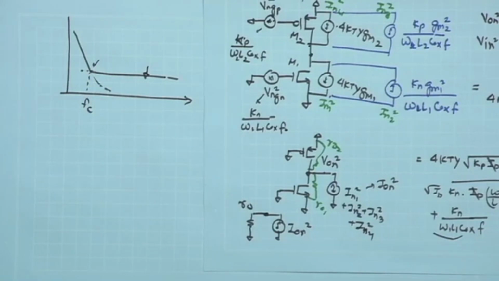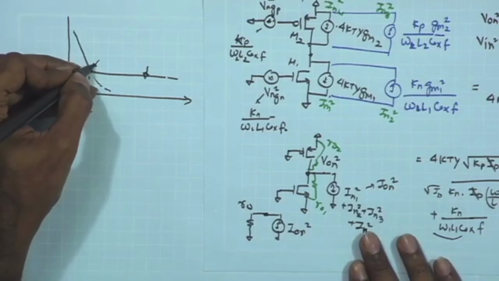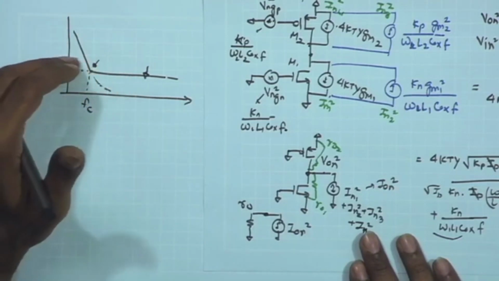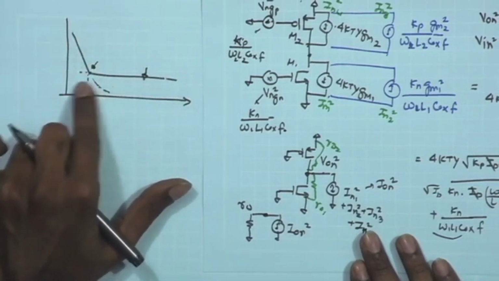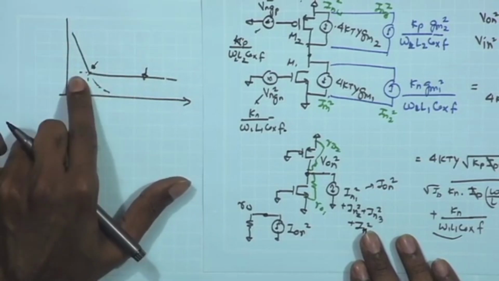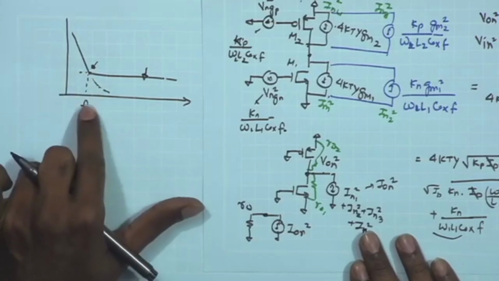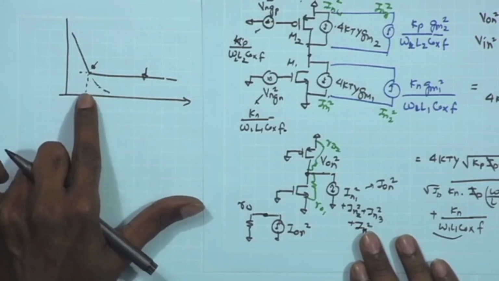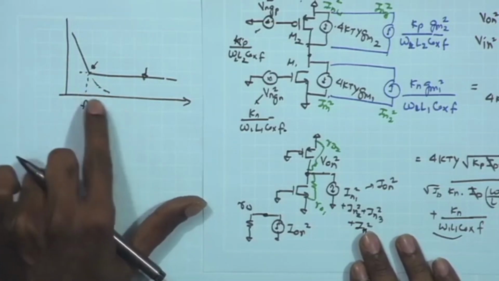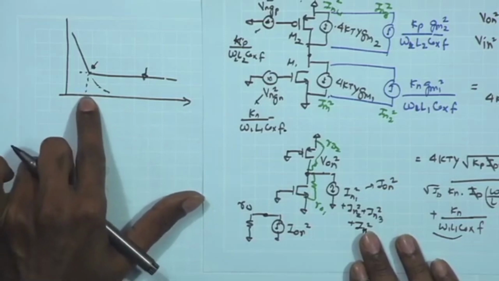And in general, we will see that for signals which have very low frequency content, it may not be feasible or practical to push Fc towards much lower frequencies. In designs, it is convenient to push Fc to 100 hertz or even down to 10 hertz, but below that it becomes very challenging.